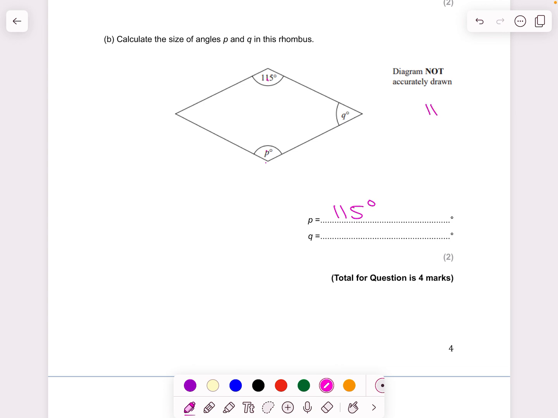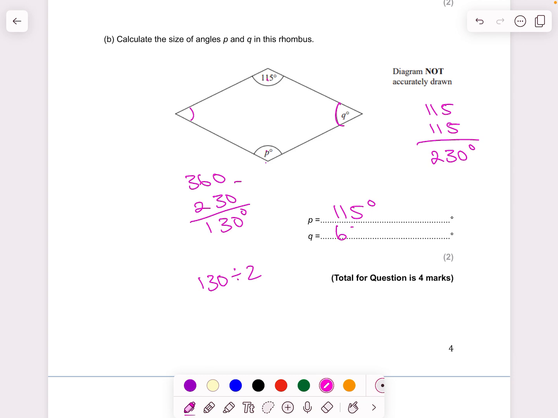So I'm going to do 115 plus another 115, which gives you 230 degrees. And then do 360 take away 230, which gives you 130 degrees. And then we know that this angle and Q must be the same. So we're going to do 130 divided by 2 to give you that Q must be 65 degrees.